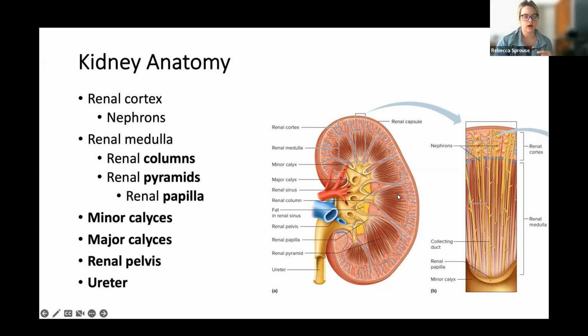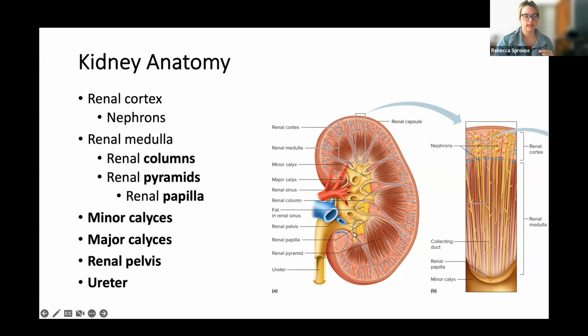Now notice how all of these pyramids have a tube attached to them right here. Those tubes are called minor calyces, calyx for singular. So at the bottom of each pyramid, we have a papilla where it meets our minor calyx.